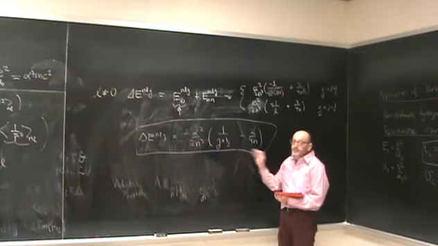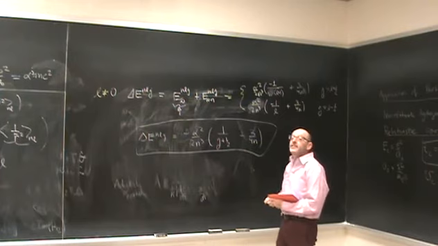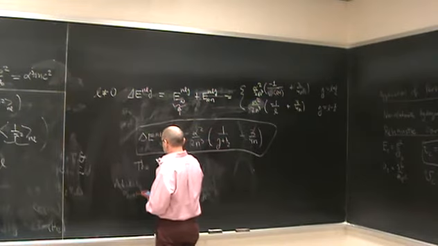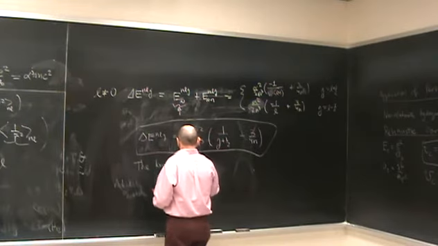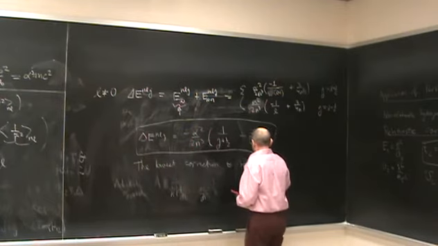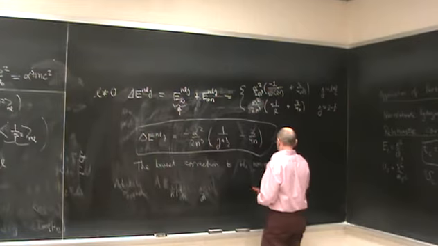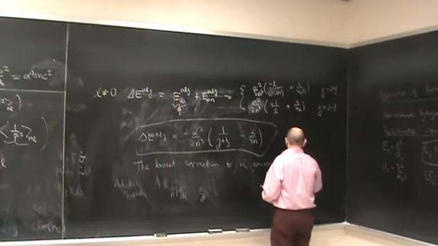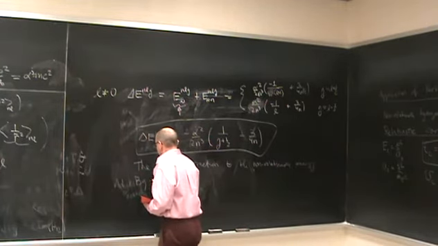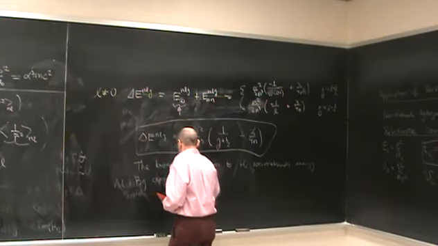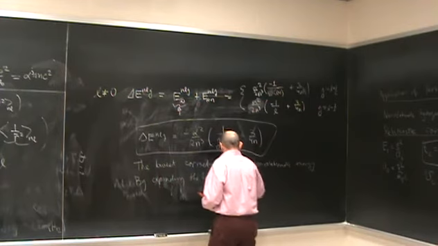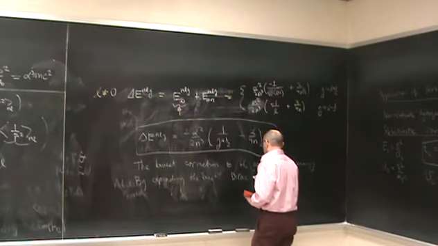Now, this actual formula can be seen as the lowest order correction to the non-relativistic energy by expanding the exact, quote unquote, Dirac equation solution.